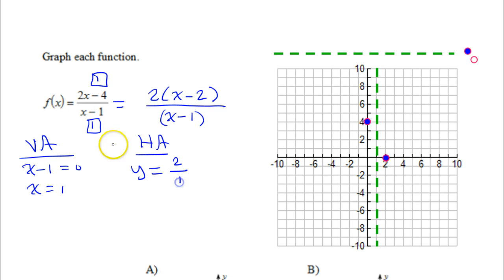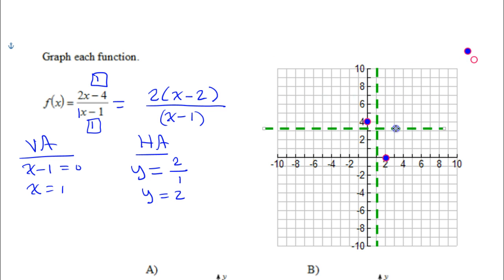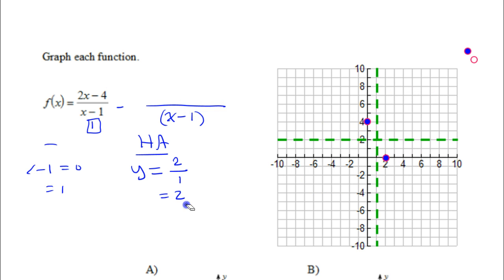So that's 2 over 1. So that's going to be y equals 2. So y equals 2 should be our horizontal asymptote. So let's put that on the graph. So that's pretty good.